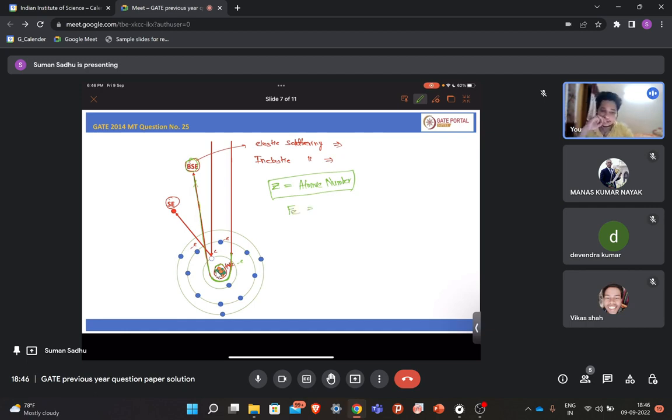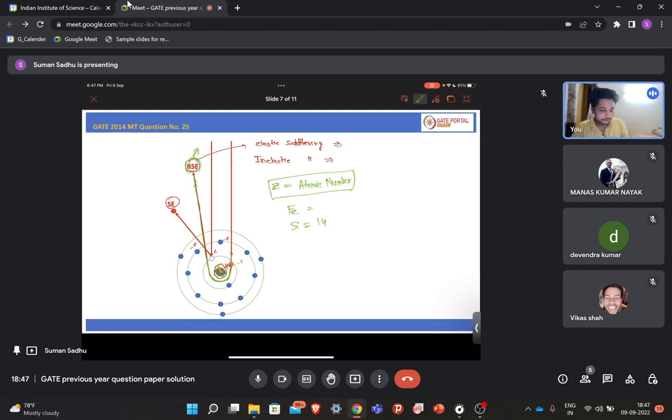It is 26, right? Or for silicon, it is 14. So the number of BSE electrons will depend on this Z value.